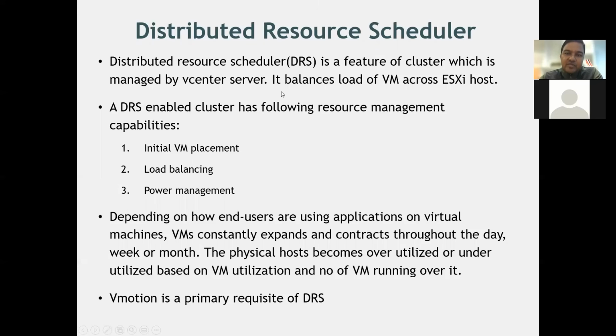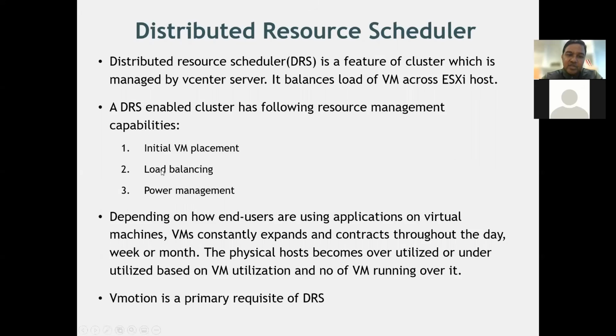So when we enable the DRS in the VMware cluster, it does three tasks. One is initial virtual machine placement. When you create a VM and DRS is enabled, the DRS is going to decide where this VM is going to be placed.